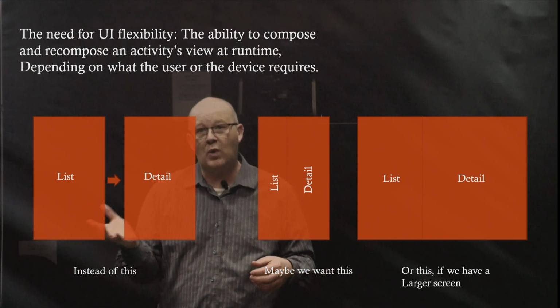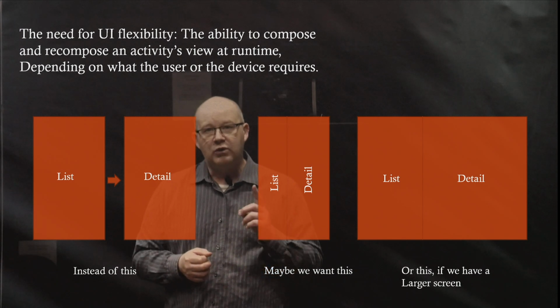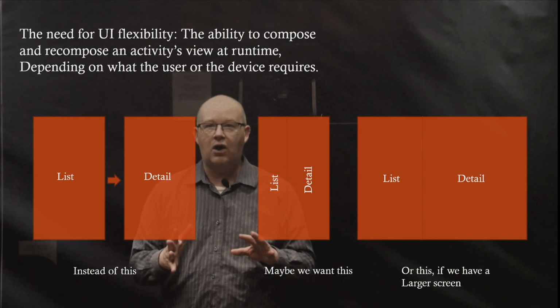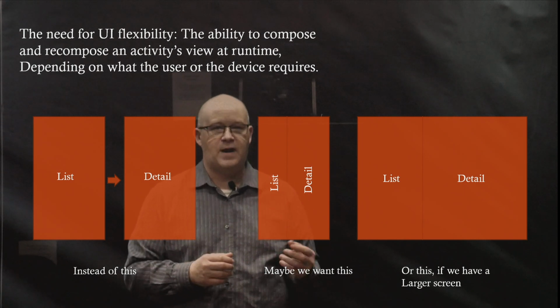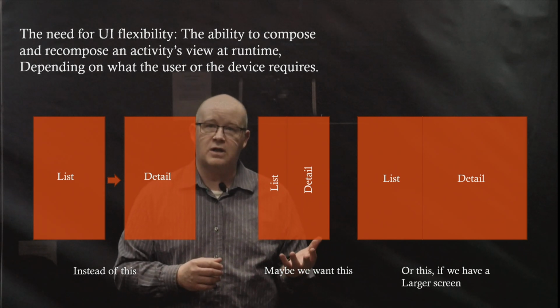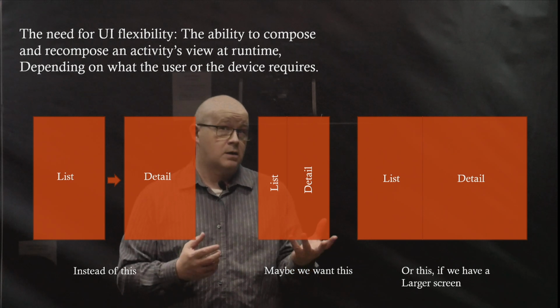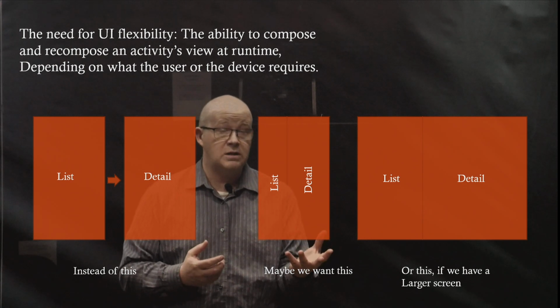That was always one activity to another. And one activity is one screen. And that's always the way it is. So fragments are more versatile, and we could have multiple views within the same user interface on the same screen.